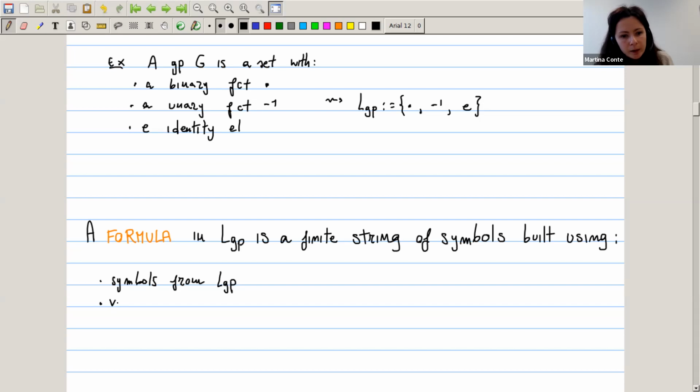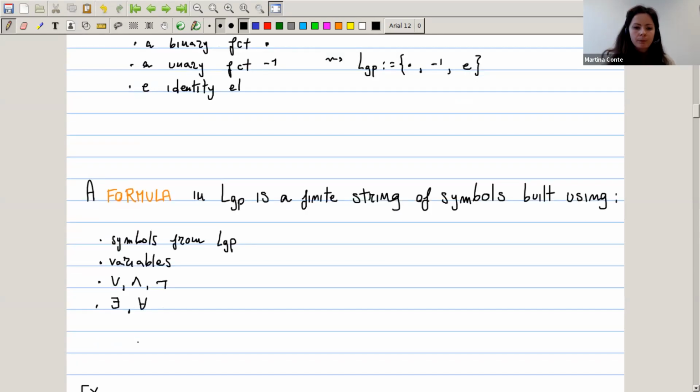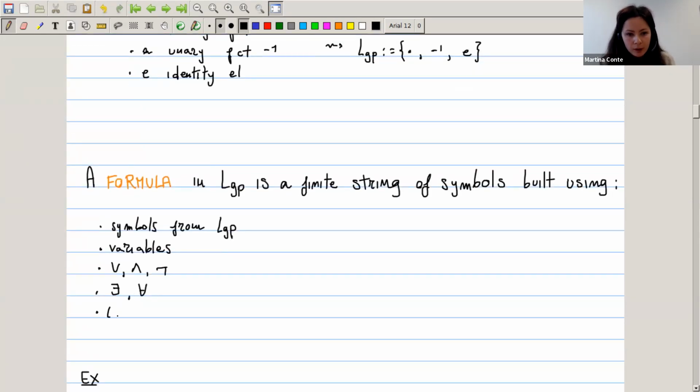Then symbols for variables that I will call x, y, and so on. Then we have Boolean connectives, so or, and, not. Then we have quantifiers, so exists and for all. We can use parentheses, and we can use the equal sign.